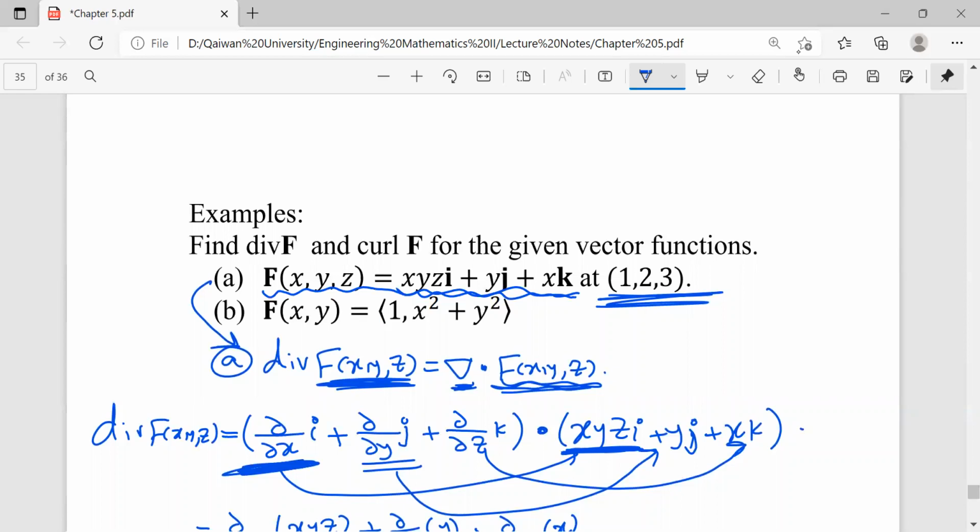That is how to find the divergence: we just find the dot product of the del operator with the vector field.